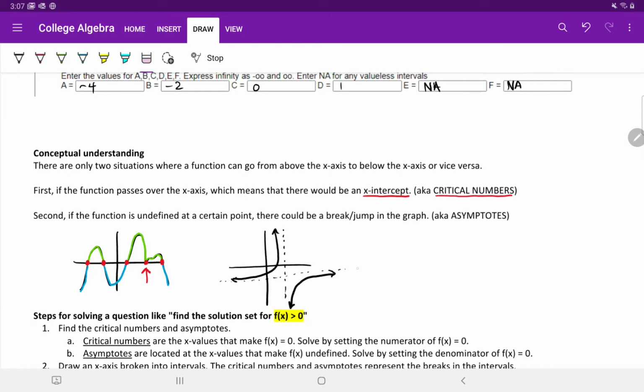So another type of function where our graph can potentially go, okay, this is getting bad. Gonna redraw this. Another type of function where our graph could potentially go from top to bottom and kind of switch is if we have an asymptote.